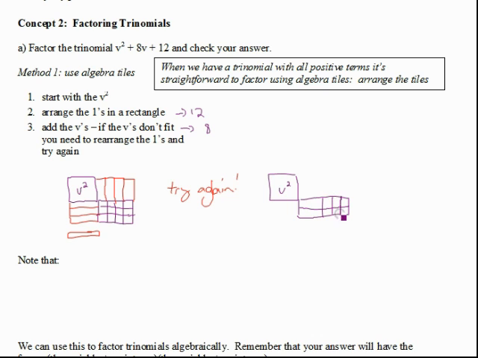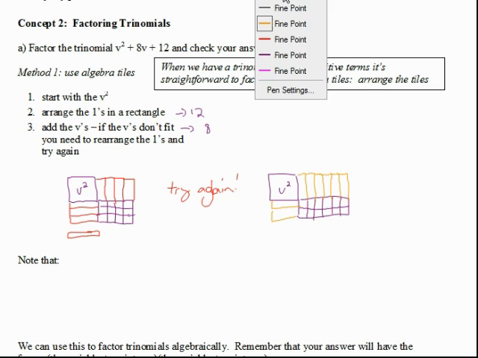I love how this takes a straight line and decides that I wanted a curve there. Okay, so we have 6 times 2 is 12, and let's put some v's in now. So 1, 2, 3, 4, 5, 6, 7, 8.